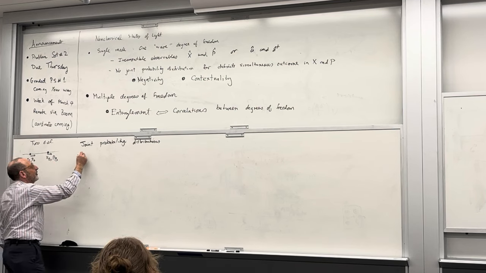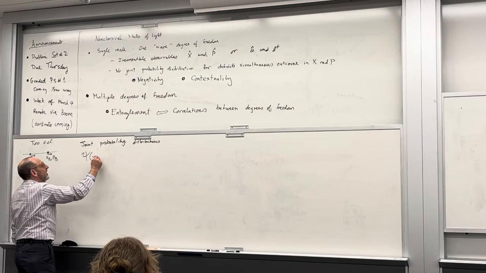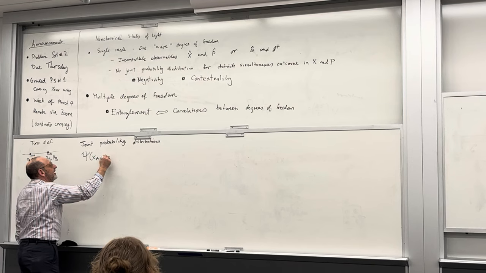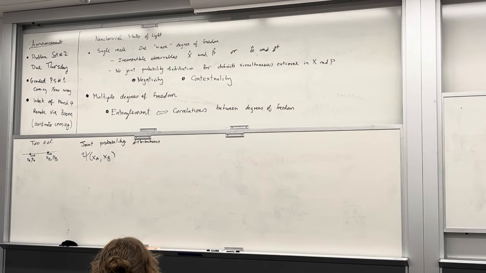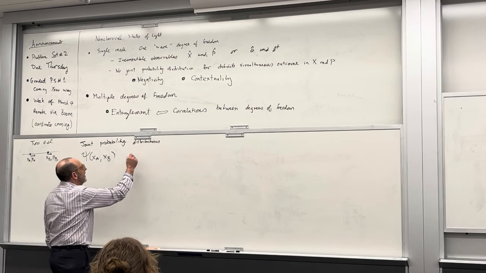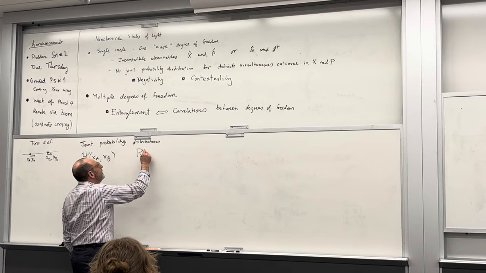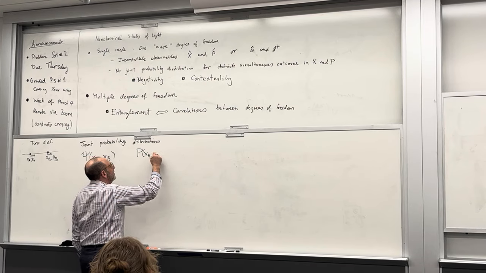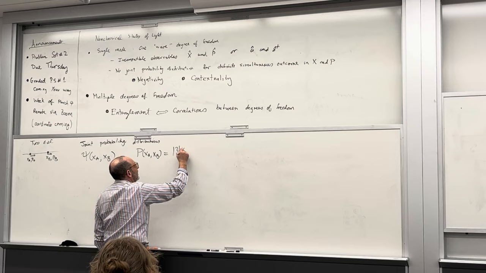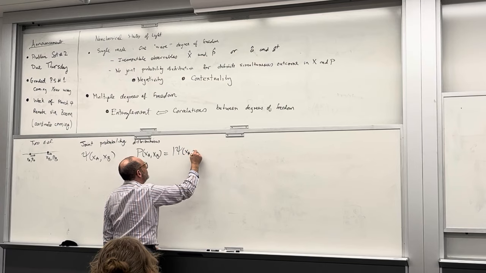I could think about the wave function that would tell me about the joint measurement outcomes of, say, the position of particle A and the position of particle B. And I could think about the joint probability distribution of those measurements as the square of the wave function.